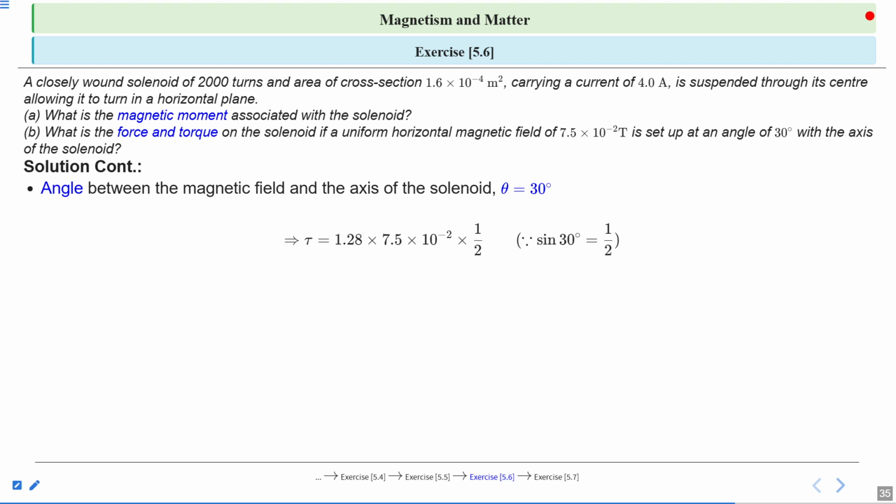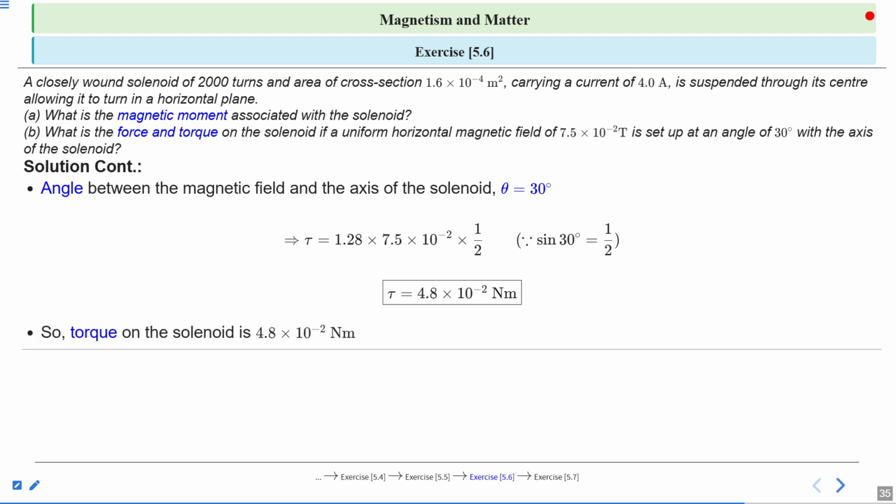So torque tau equal to 1.28 into 7.5 into 10 to the power minus 2 into 1 by 2, because sine 30 degree is 1 by 2. And the magnitude of torque is 4.8 into 10 to the power minus 2 Newton meter. So torque on the solenoid is 4.8 into 10 to the power minus 2 Newton meter. So no force is acting on the solenoid, but torque is acting on the solenoid. It is similar to a bar magnet.